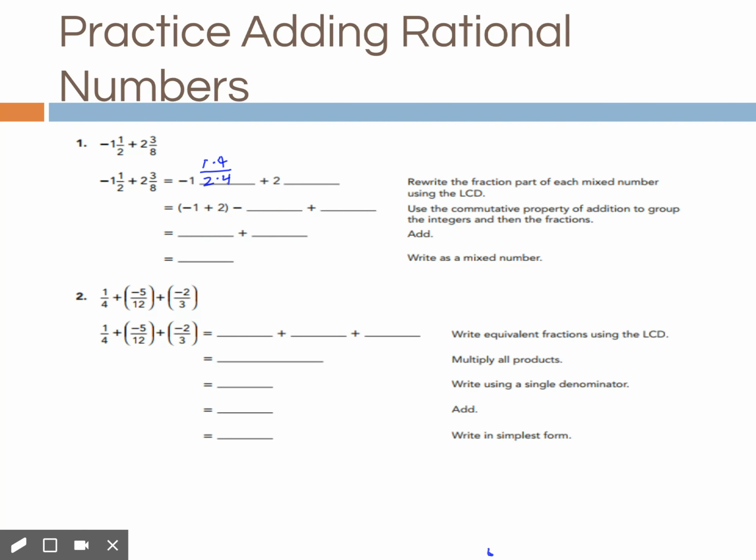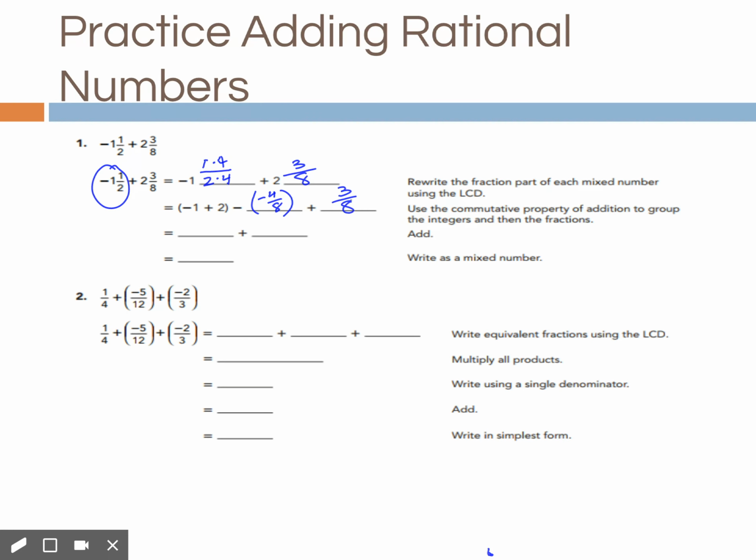And then 3/8 already has a denominator of 8, so there's no need to change. So 1 times 4 is 4, and 2 times 4 is 8. So now I have a negative 4/8 here. Again, it's negative because this whole fraction is negative, plus a positive 3/8.